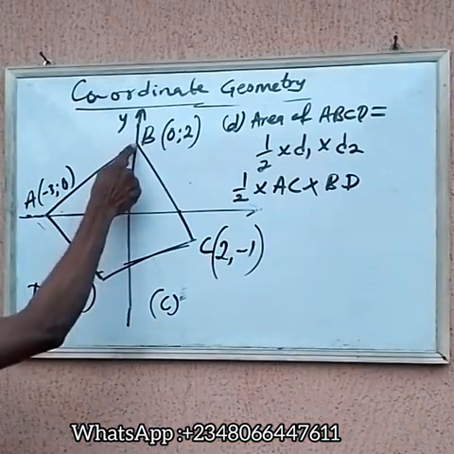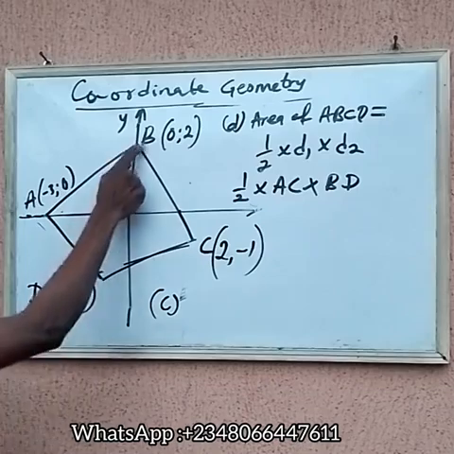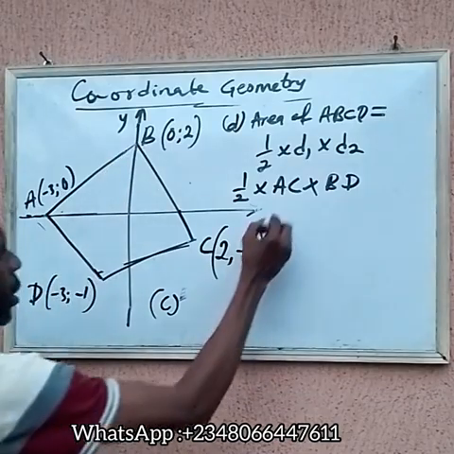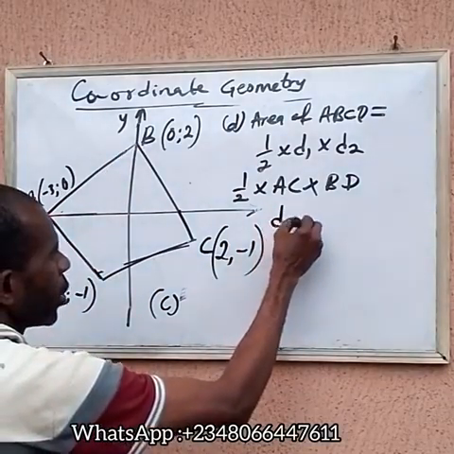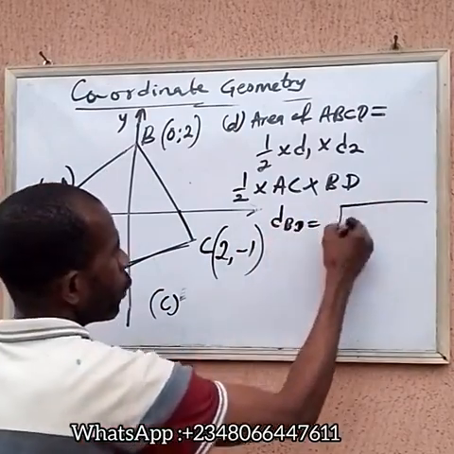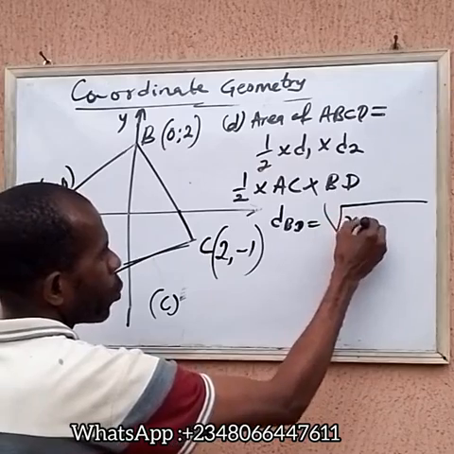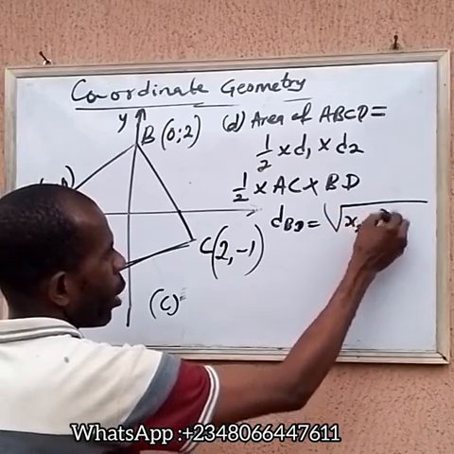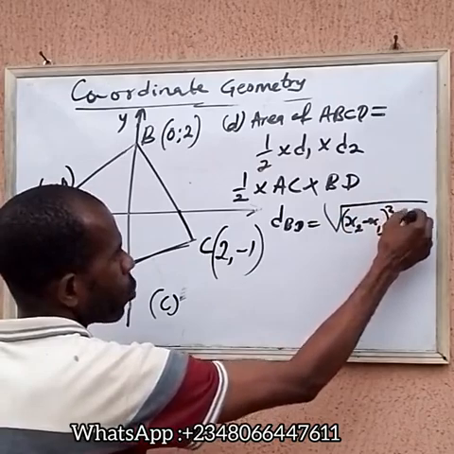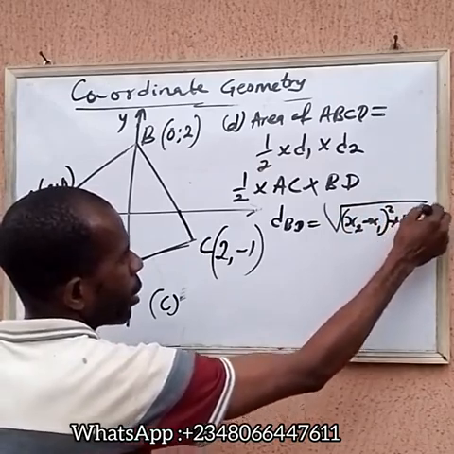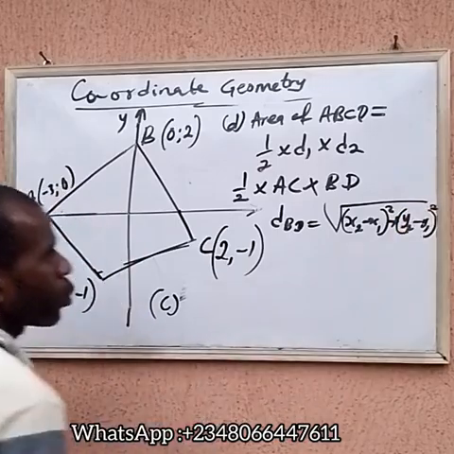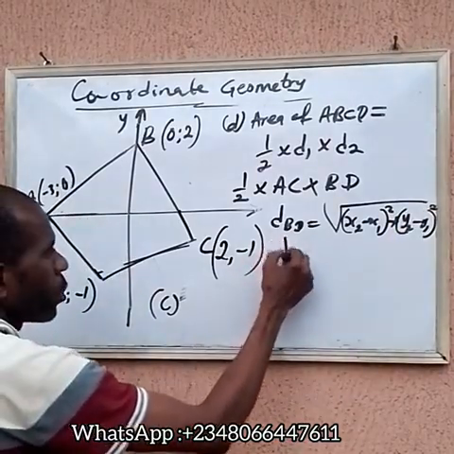Now, what is BD? BD will have to be the distance between these points. So we are still going to use the distance formula. It's equal to the root of x2 minus x1 all squared plus y2 minus y1 all squared. So as usual, we put it there. Let us input the values.